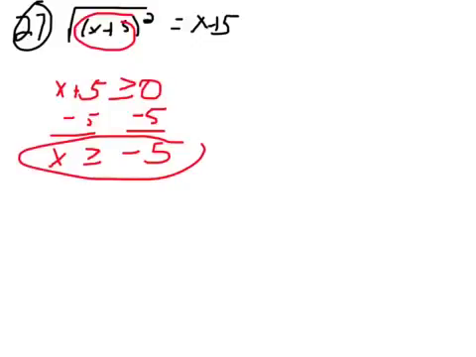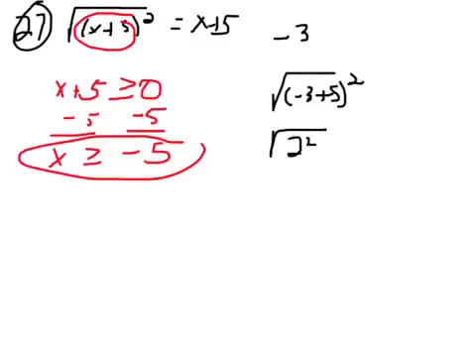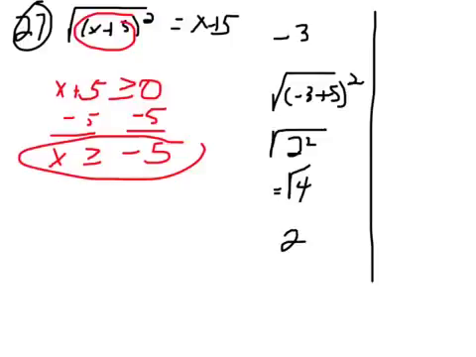Let's try one just to show you what I'm saying. What if I put negative 3 in there? The square root of negative 3 plus 5 squared would be the square root of, negative 3 plus 5 would be 2 squared. That'd be the square root of 4, which is 2, right? Well, let's do the right-hand side. If I plugged in negative 3 plus 5, I would get 2.